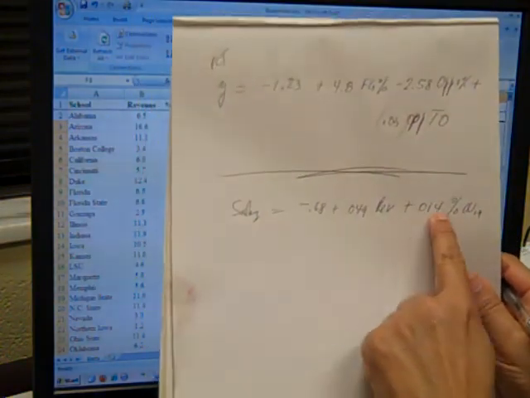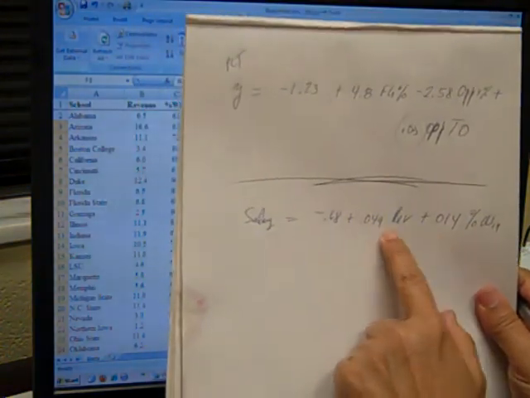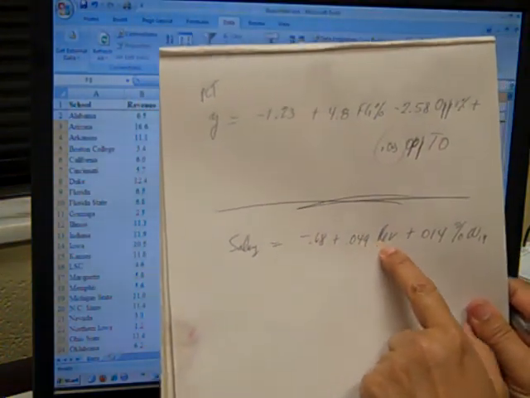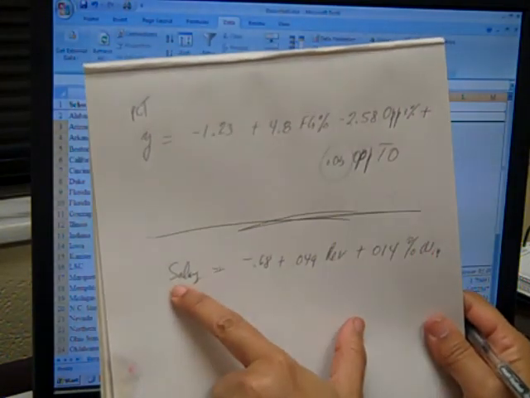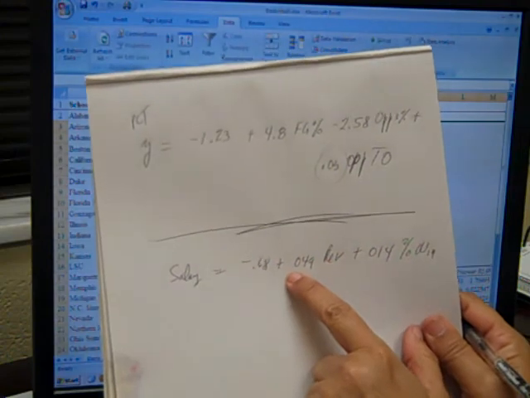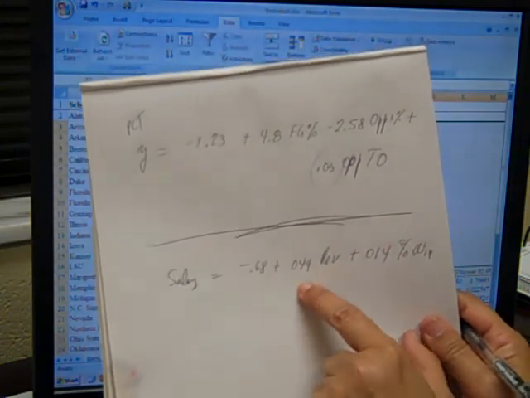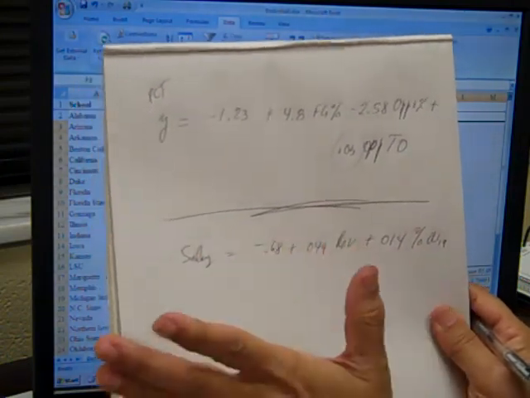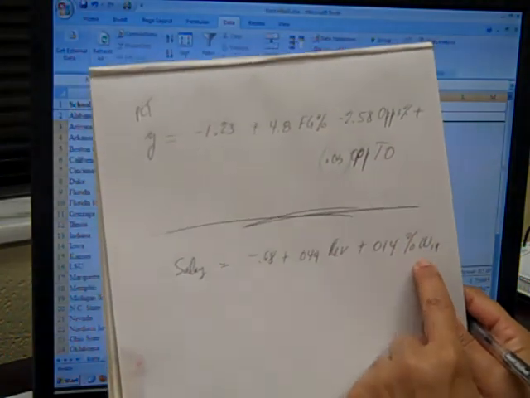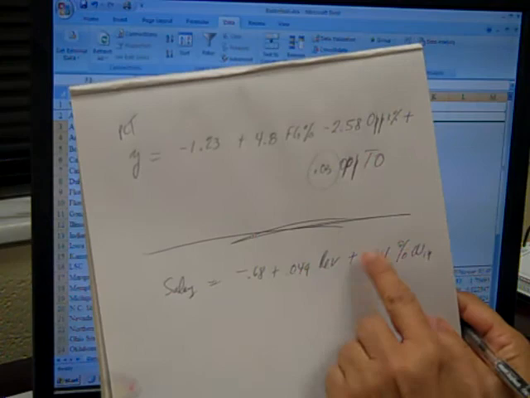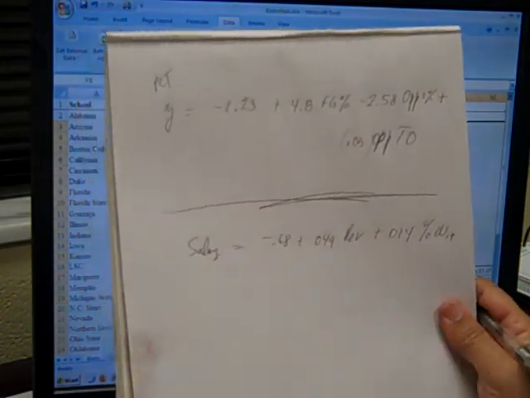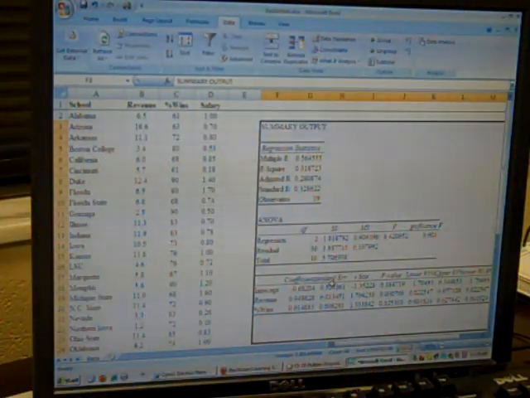This is your regression equation, and it tells you that every time you increase the revenue by one unit, you are going to increase the salary of the coach by $0.049 million. And every time that you increase 1% of the winning, the coach will increase what? $14,000 in the salary. Okay, so that's pretty good.